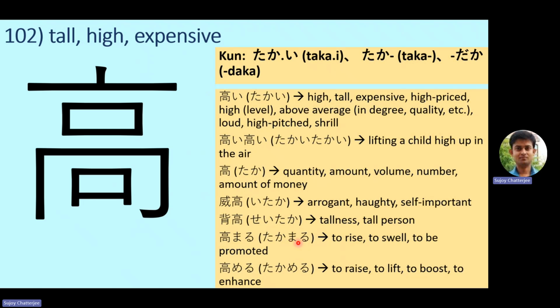With maru, it means to rise. That means by itself. So it rises by itself. To swell. That means it swells by itself. To be promoted. But when we write meru in place of maru, then that means to raise, to lift, to boost. That means someone is doing that. It's not happening on its own. So this is the difference between maru and meru.